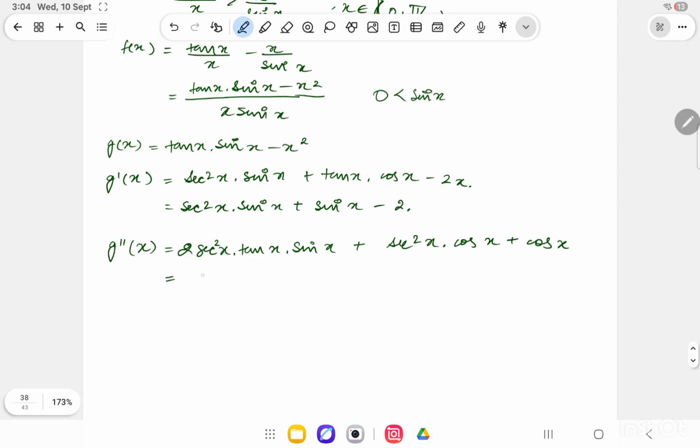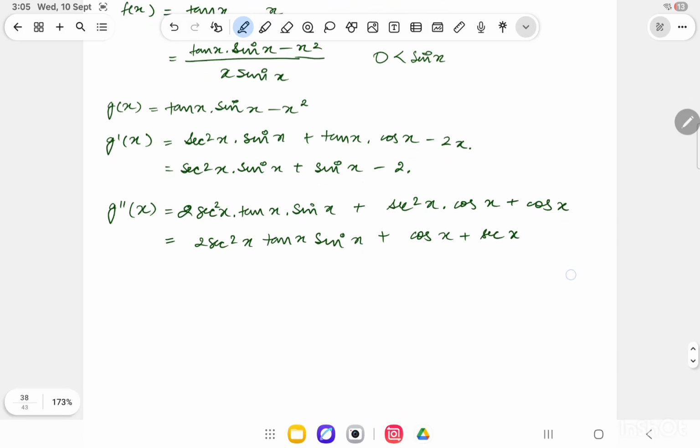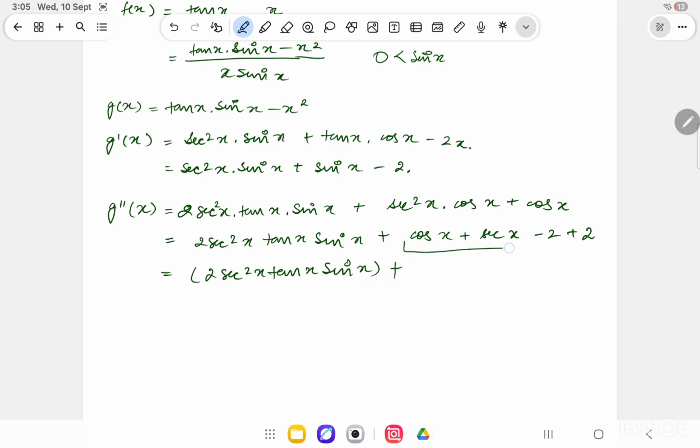So this thing will be basically equals to 2 sec square x tan x sin x plus cos x plus sec x. I can subtract and add 2, so I'll be getting 2 sec square x into tan x sin x plus this term I can write as (under root cos x minus under root sec x) whole square plus 2.